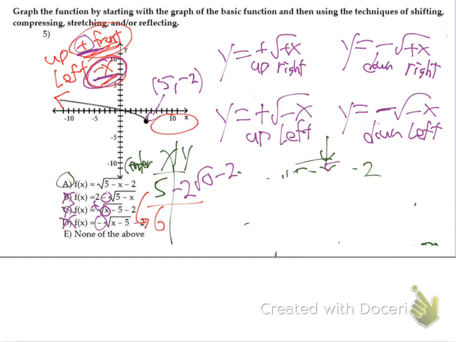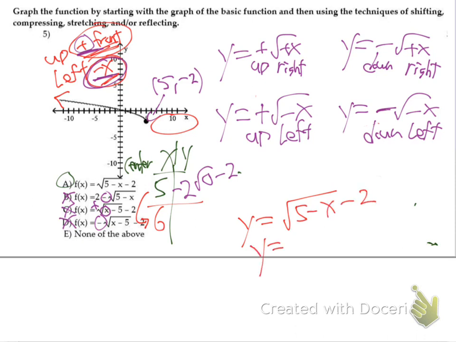Plug in 6 to that function. 5 minus 6, that's the square root of negative 1. That's no, which is great. It's saying, no, I don't go to the right. I don't go over 6. That's exactly what it doesn't do.